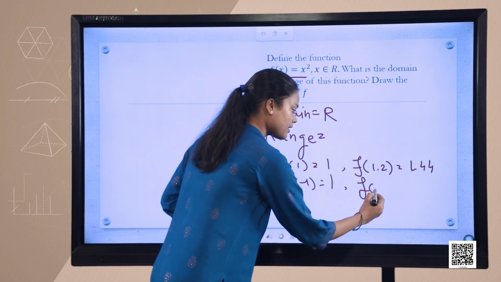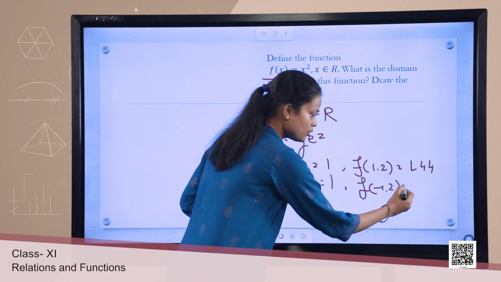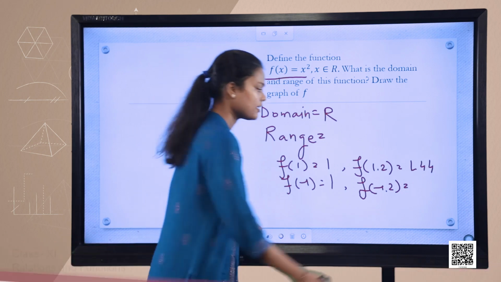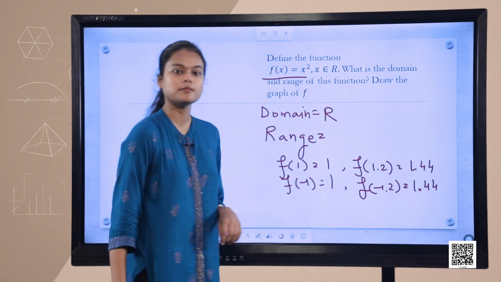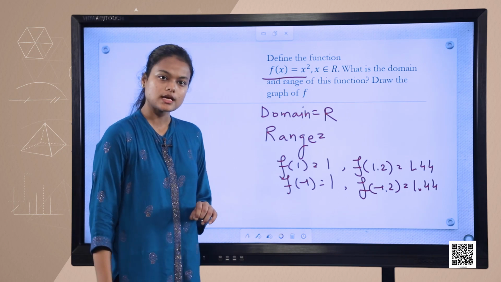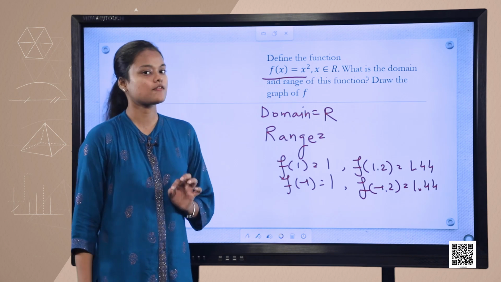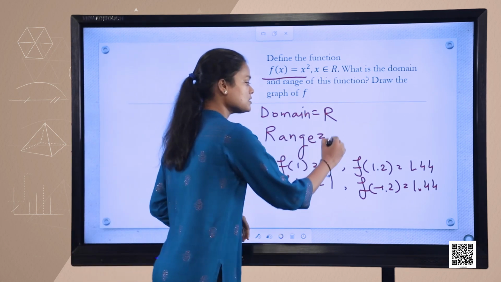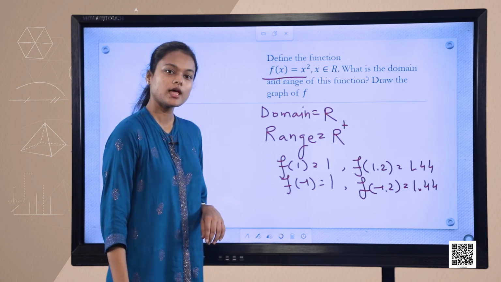And if I find the value at -1.2, it is coming out to be 1.44 again. So you may notice that each and every time we are getting a positive value. So range is the set of all positive real numbers.